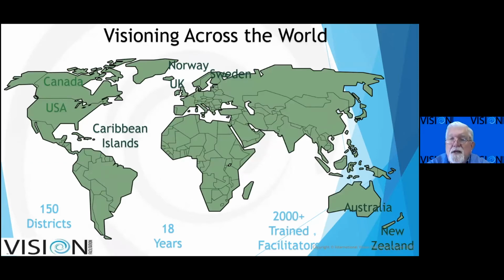The presenter says, you're not alone in wanting to make a difference here in your club in this community. There are currently 150 districts participating in visioning around the world in such places like Sweden, Norway, Australia, New Zealand, and even the Cayman Islands.